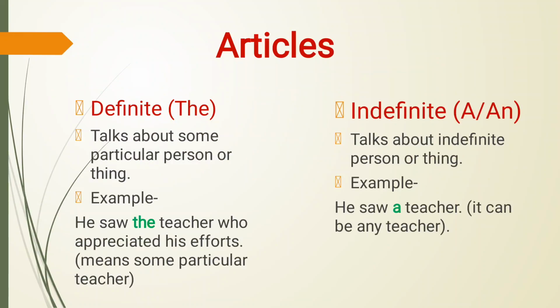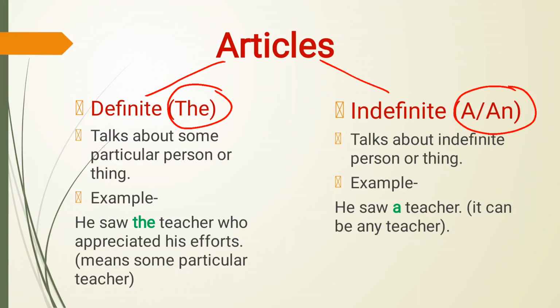So, on the basis of definite and indefinite nouns, we have divided articles into definite articles and indefinite articles. The definite article is the, and the indefinite articles are a or an.